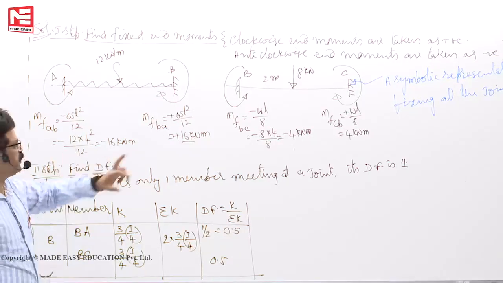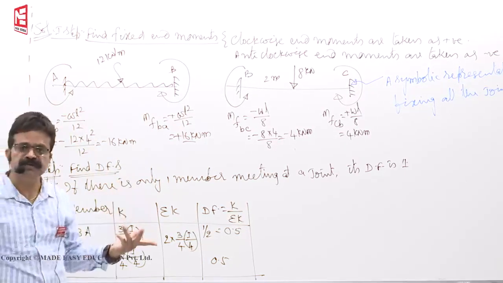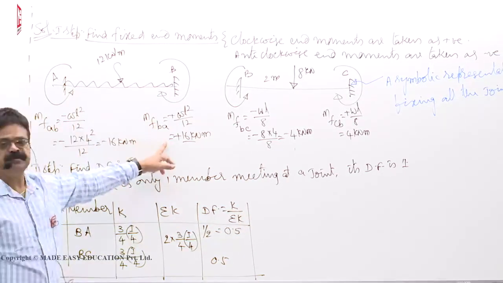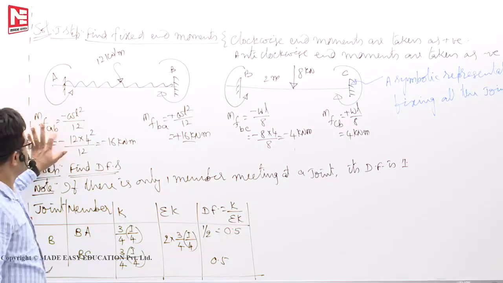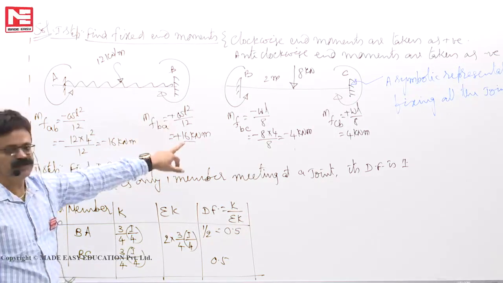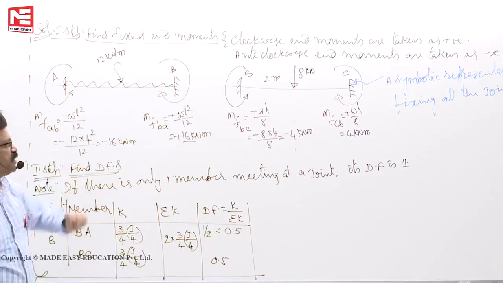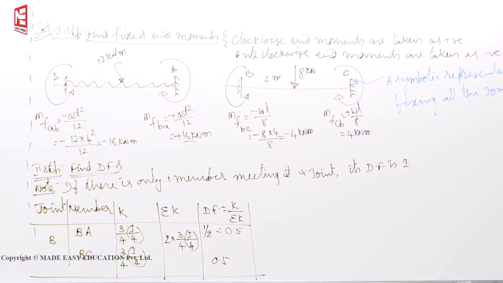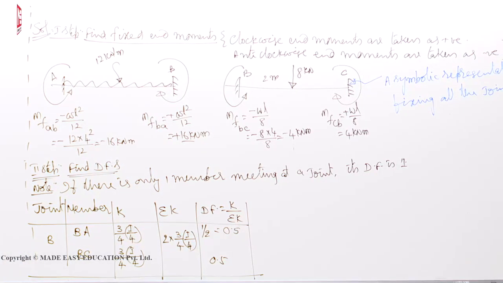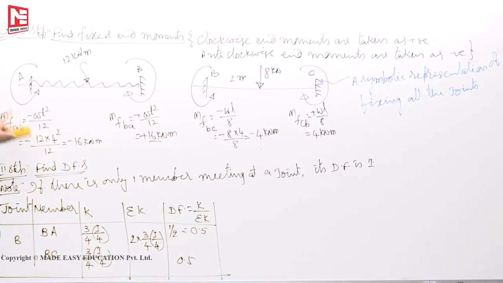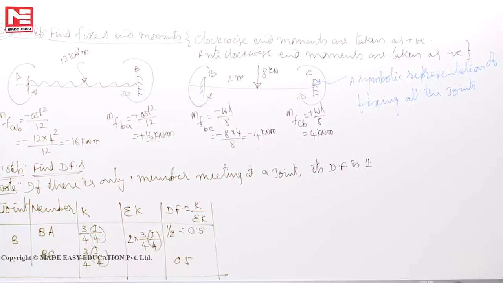Now the end moments, which end moments? These fixed end moments we have to distribute: minus 16, plus 16, minus 4, plus 4 are the fixed end moments. Those moments we have to distribute. Now this part I'll remove, I'll start here.